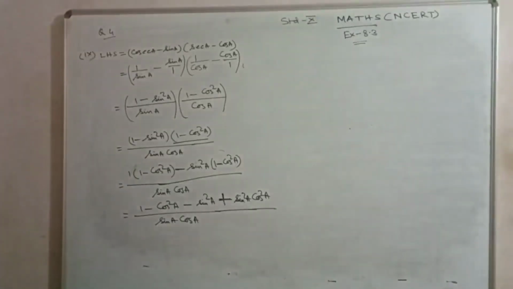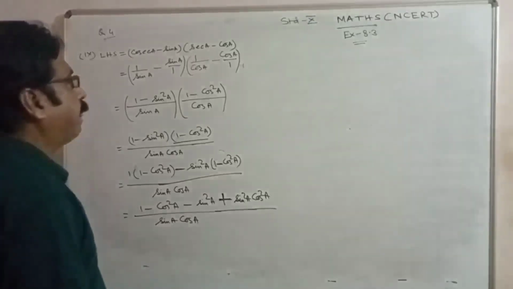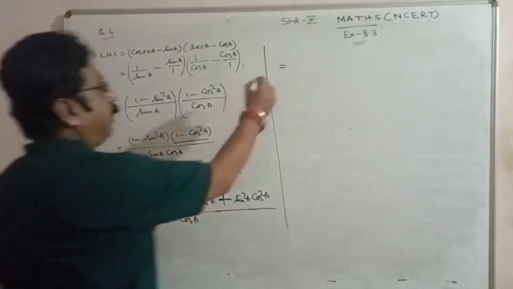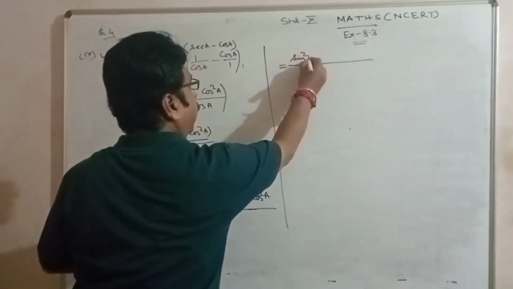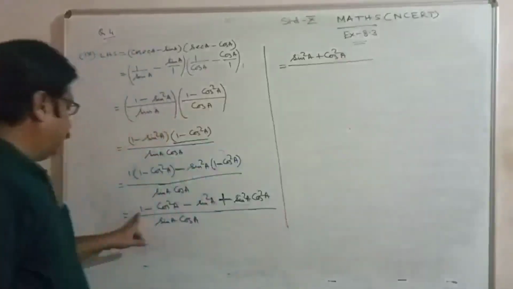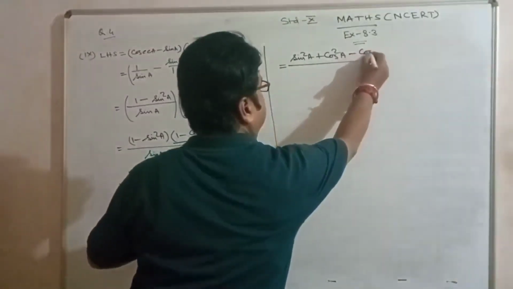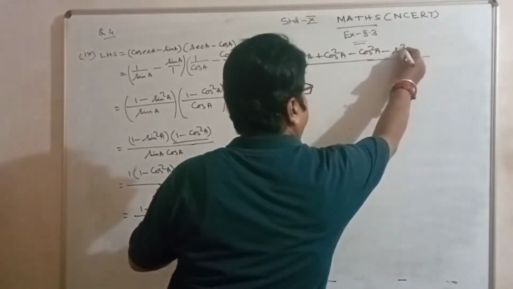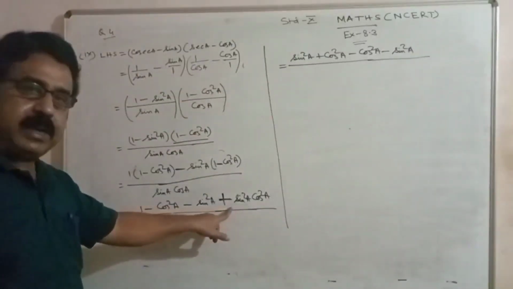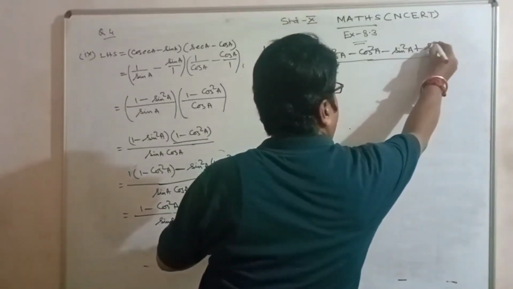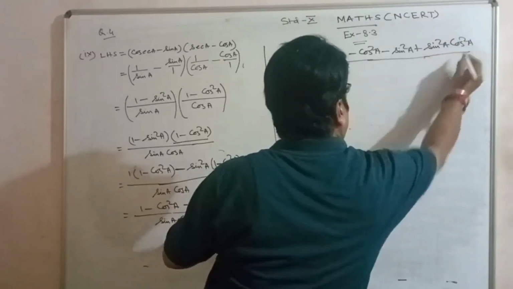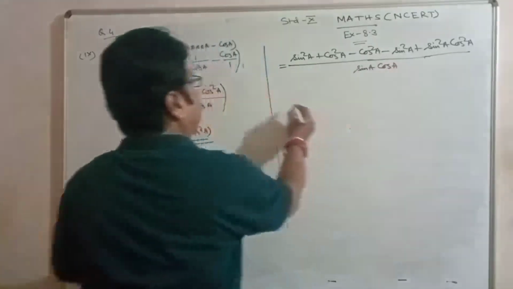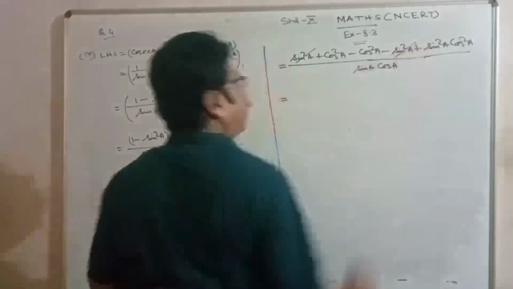Now in place of 1, we can write sin square A plus cos square A. In place of 1, it will be sin square A plus cos square A. Now minus cos square A. Then minus sin square A. Then plus sin square A into cos square A, upon sin A cos A. Plus sin square A minus sin square A, we can cancel.